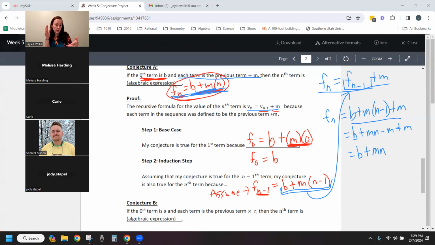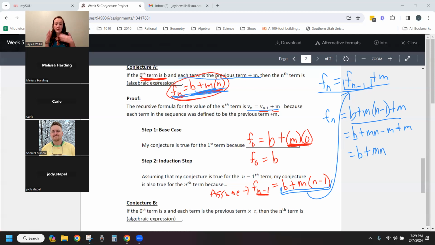Since we're trying to prove that the term is b plus m times n, if we assume that's true for the term right before the nth term, it's going to be b plus m times n minus 1, because n minus 1 is the term right before the nth term. So that's an assumption that you make, and then you use that assumption to prove that it's true for the nth one.